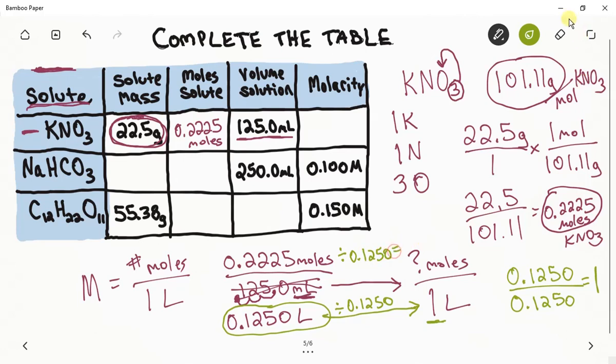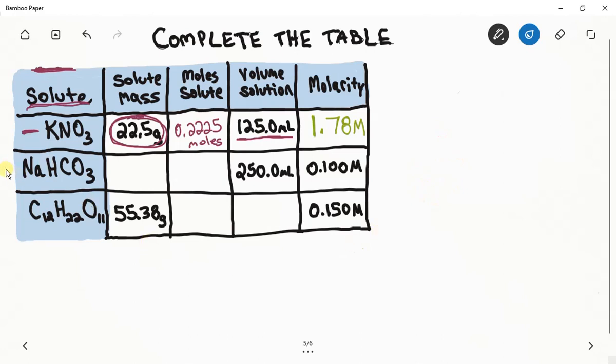And that's going to give us, let me erase this question mark, 1.78 moles. And that's going to give us 1.78 moles out of 1 liter. So if we have 1.78 moles in 1 liter of solution, that means the molarity is 1.78, and then you put a capital M at the end to show that it's molarity.